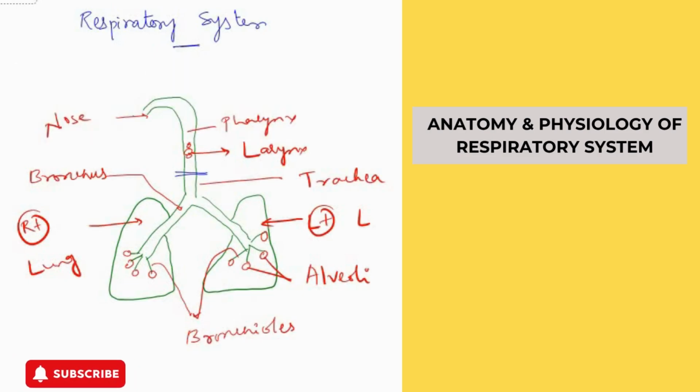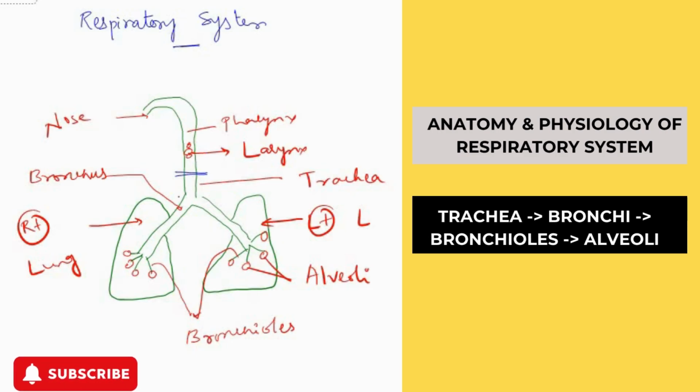As we all know, the human respiratory system consists of nose, pharynx, larynx, trachea, bronchus, that is left bronchus and right bronchus, then bronchioles, branches of bronchi, then alveoli and two lungs, left lung and right lung. These are the parts of the human respiratory system.